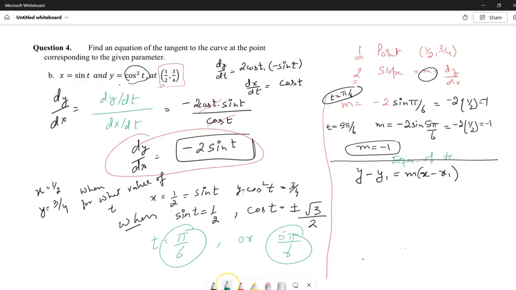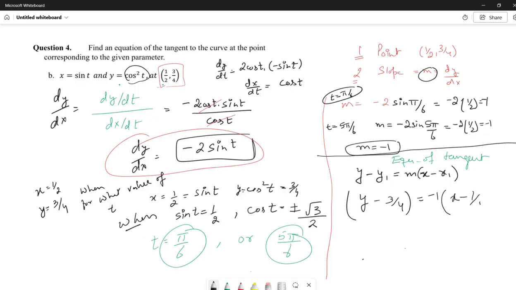Let's figure that out. y minus y1, 3/4, equal to m, negative 1, times x minus x1, 1/2. y minus 3/4 equal to negative x plus 1/2. y is equal to negative x plus 1/2 plus 3/4.